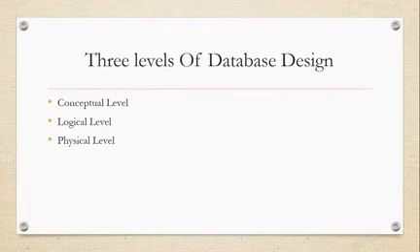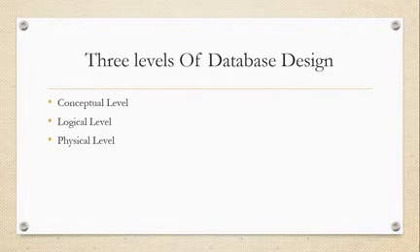What about logical? Once we find out which tables we require to design the database, then what attributes are required will be decided in the logical level. For example, I want to create the student table. So for that student table, how many attributes are required?